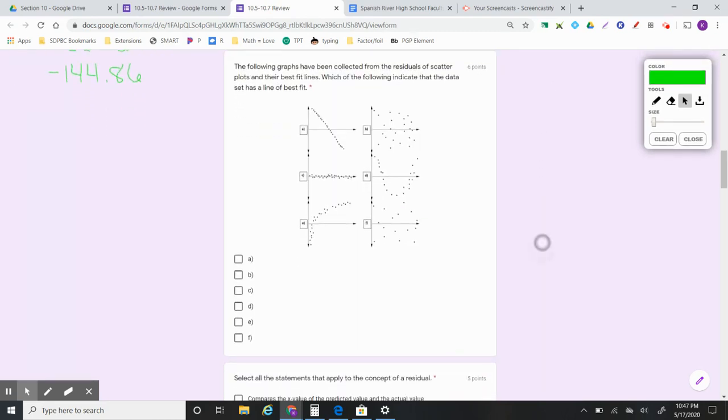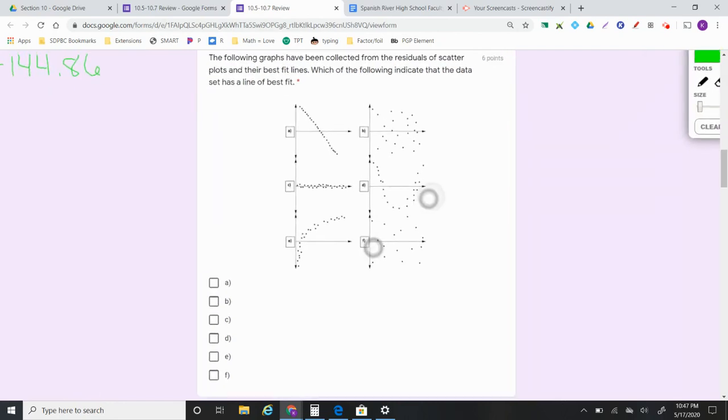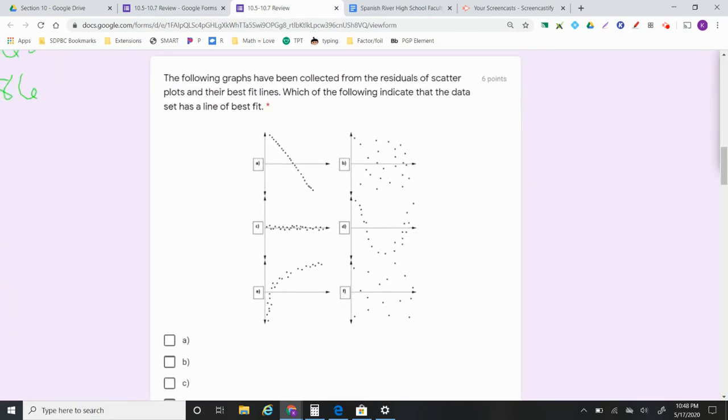Now for the next problem. It says the following graphs have been collected from the residuals of scatter plots and their best fit lines. Which of the following indicate the line has a line of best fit?